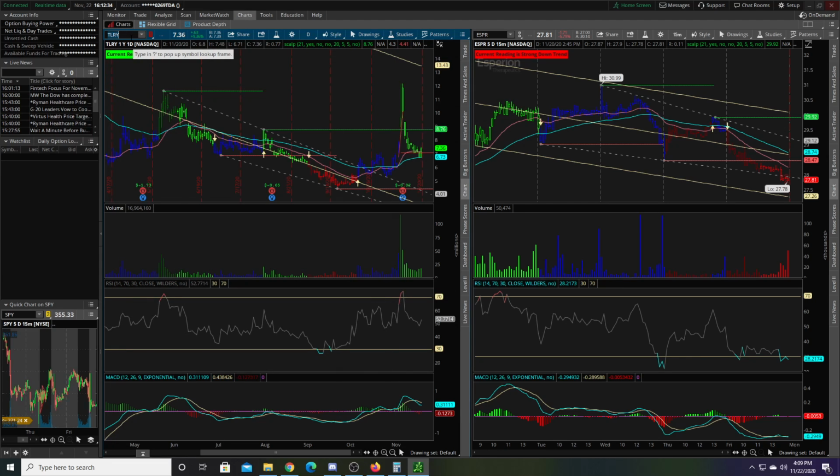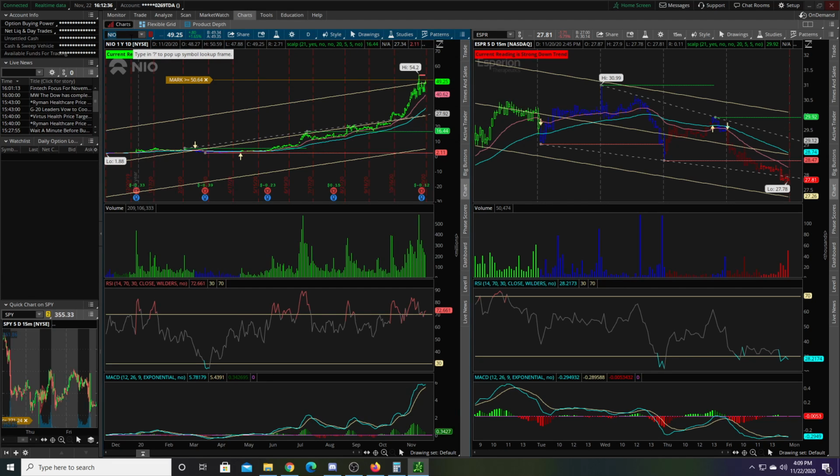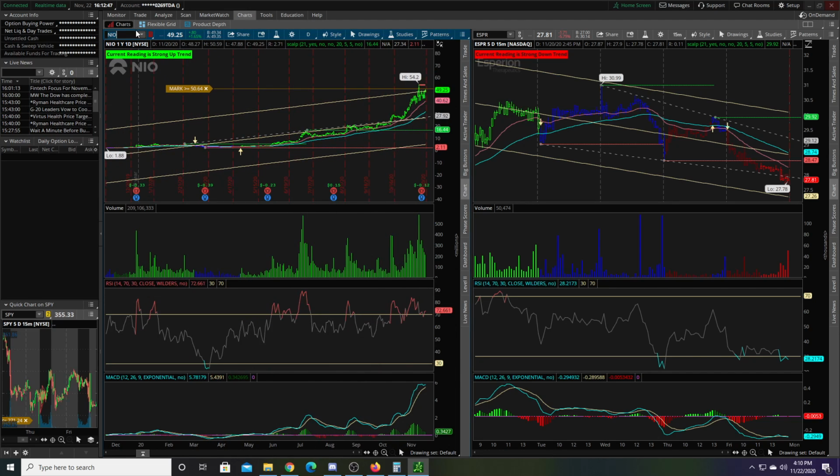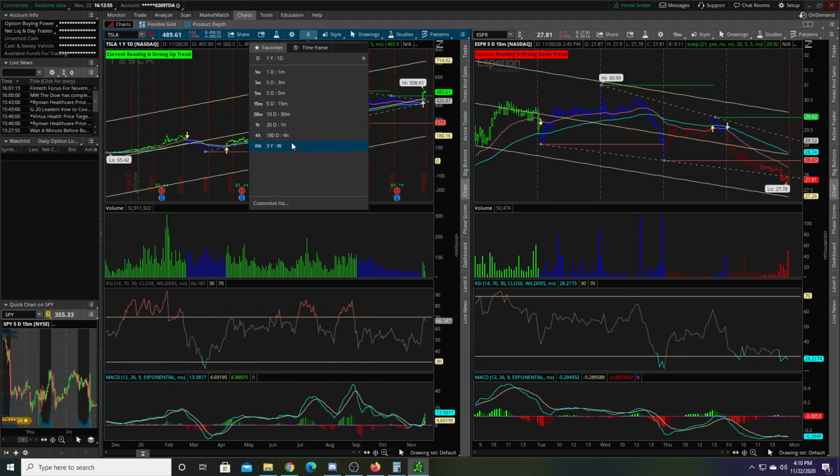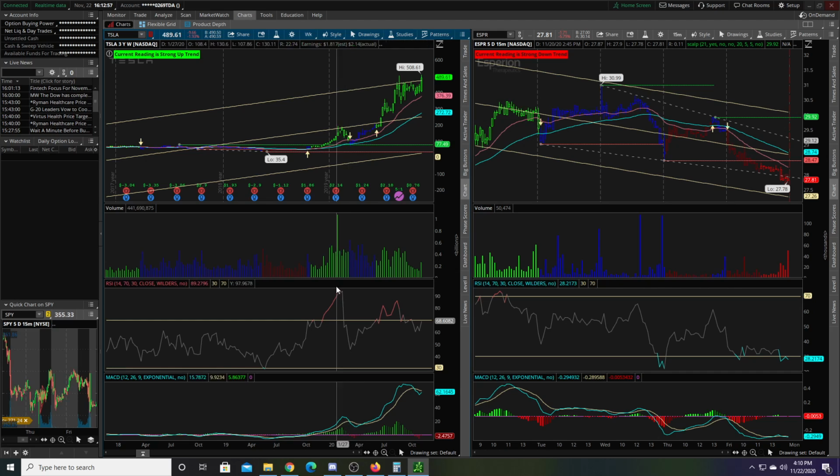The one thing that is concerning to me is NEO, how it's been trading in this overbought zone right here. But if you look at Tesla, Tesla's generally the same. Okay, so 3 years.